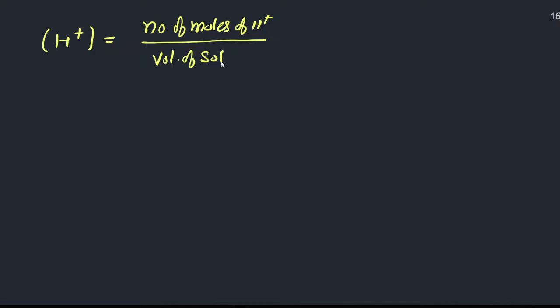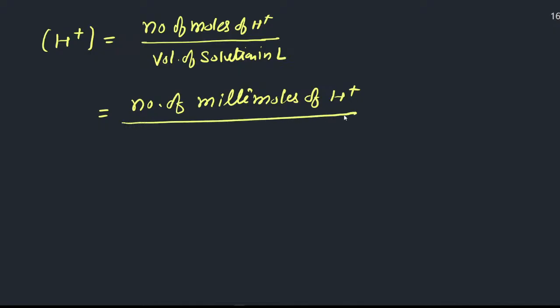So what is the H plus ion concentration? That is equal to the number of moles of H plus divided by the volume of solution in liter, or it can be defined as the number of millimoles of H plus divided by the volume of solution in ml.